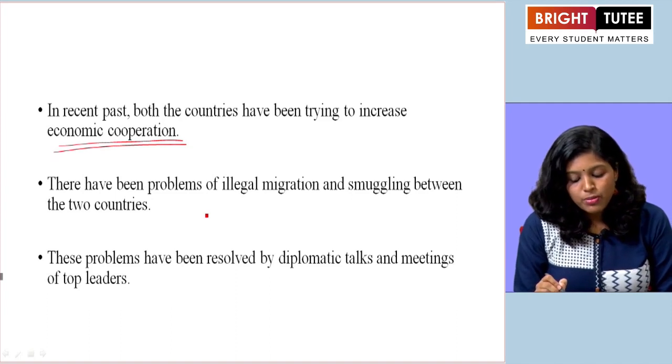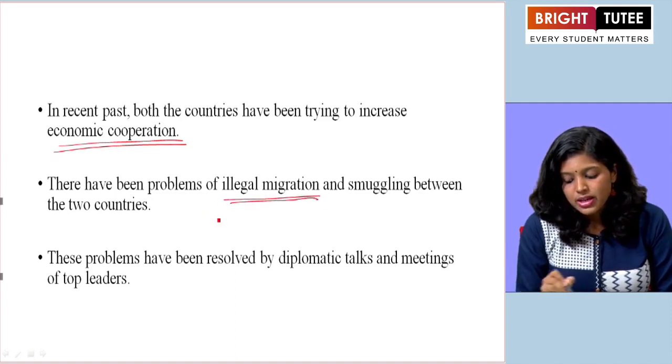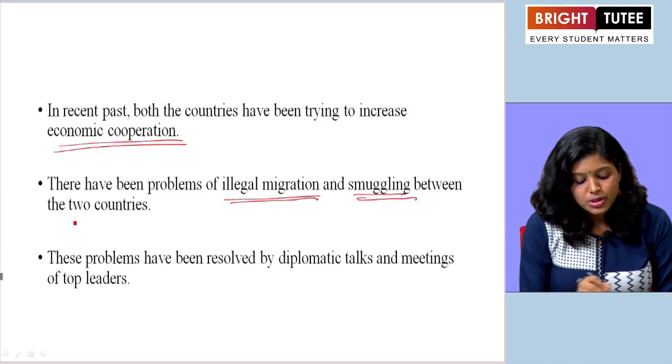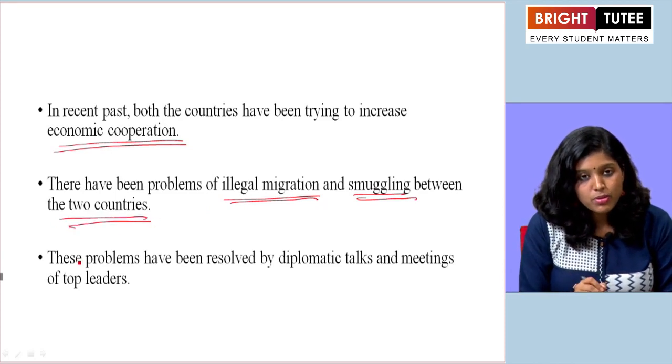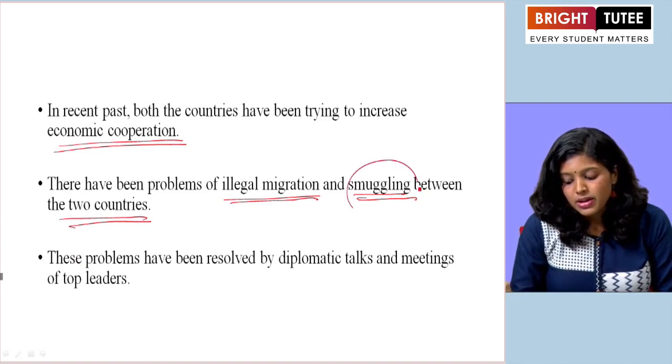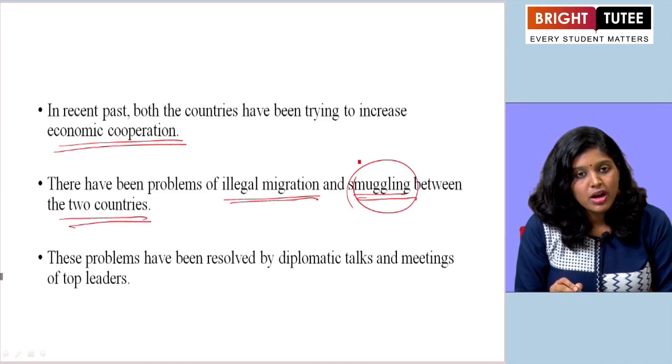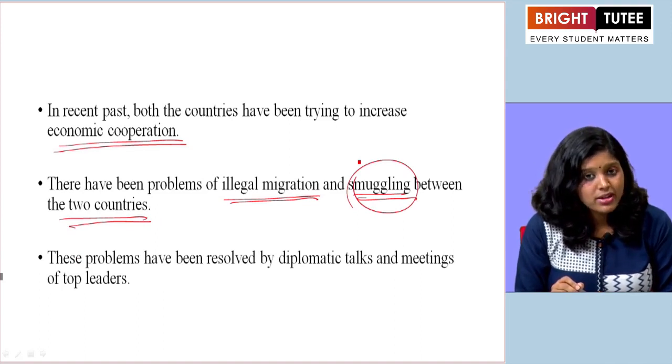And there have been problems of illegal migration and smuggling between these two countries. One of the problems is illegal migration of people from one country to the other and smuggling of goods without following proper channels.